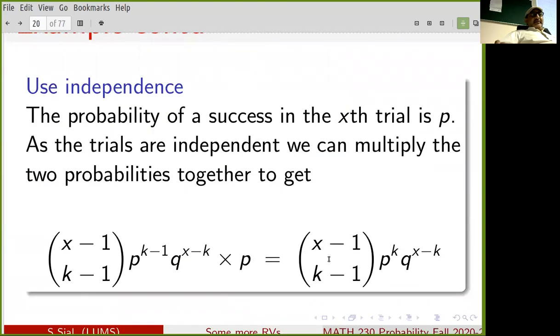And then you would get X minus 1 choose K minus 1 times P to the K Q to the X minus K. Okay. Once again, remember the assumptions here: independence of the trials, success and failure in different trials, and these P and Q are not changing from trial to trial.